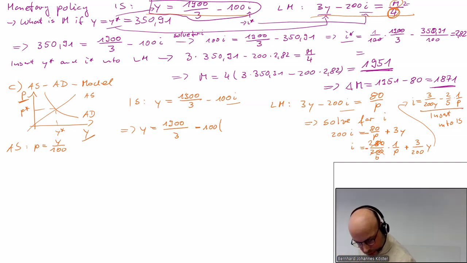And now inserting this, oh, this y has to be up here. 3 over 200 times y minus 2 over 5, 1 over p.